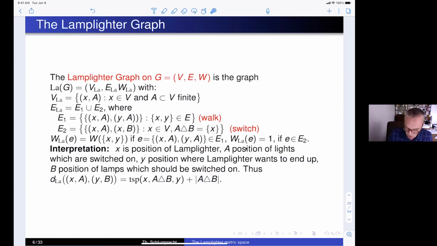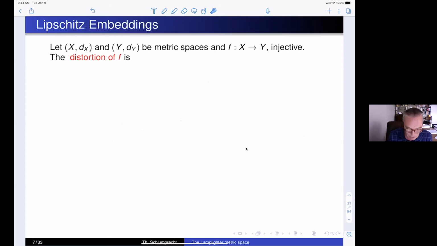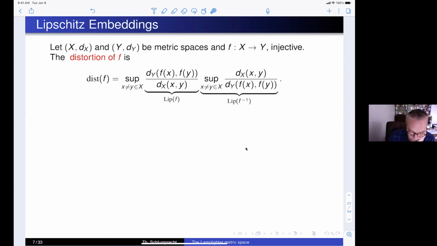Okay. So now, what do I mean by Lipschitz embeddings? Let me recall that we have two metric spaces, X and Y, and I can assume an injective map f from X to Y. Then we call the distortion: I first take the quotients of the distance of f(x) and f(y) divided by the distance of x and y, and take the supremum over all x not equal to y, and then I put the opposite.